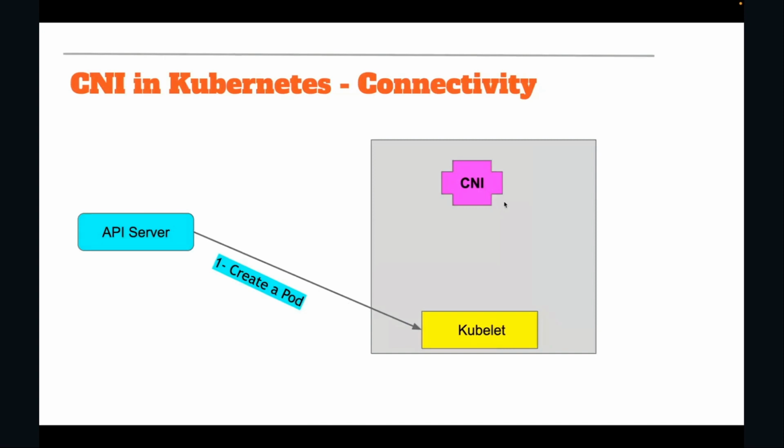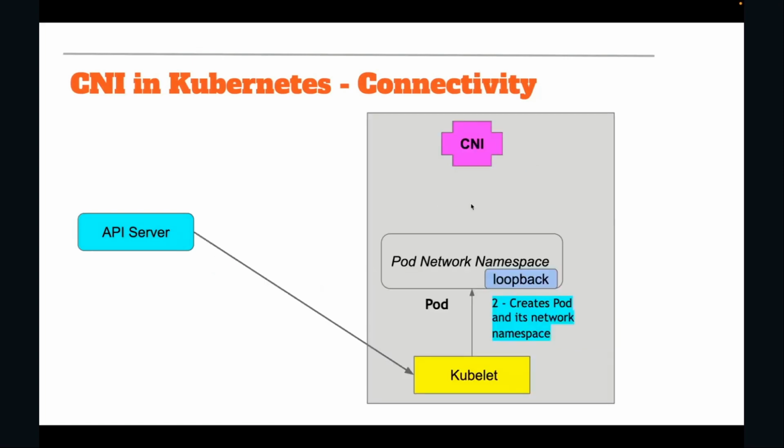So when you install the respective CNI like Calico, Cilium, Flannel, and all that stuff, we install that plugin on the given node. Now, when the request comes to create a pod, the kubelet on the node would create the pod and set up the pod network namespace, only the namespace. As you can see, it is not giving you the actual interface, it's just giving you the loopback interface right now.